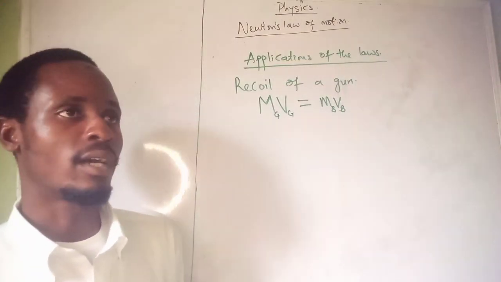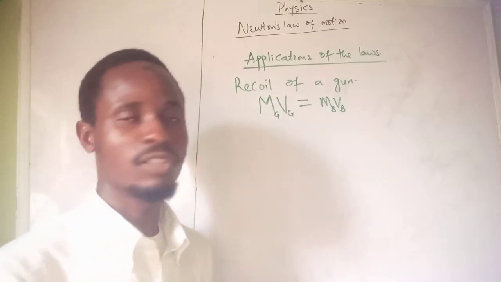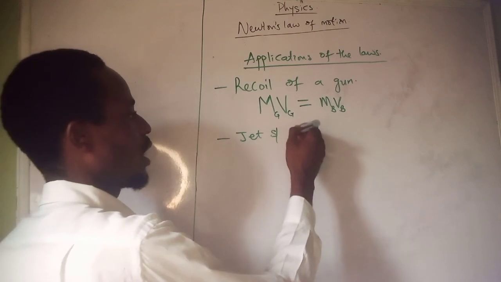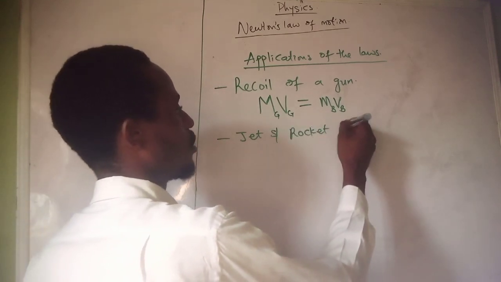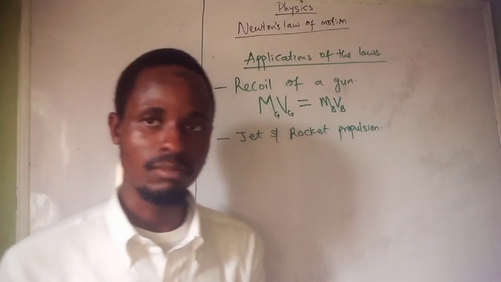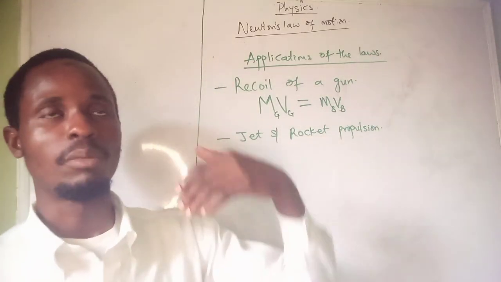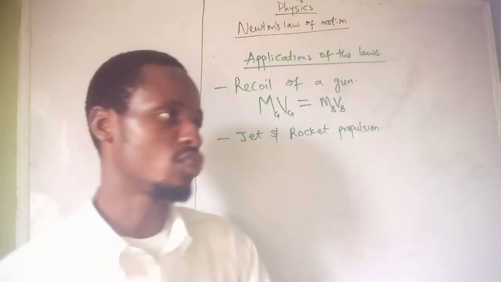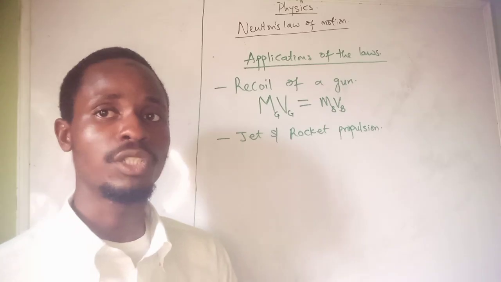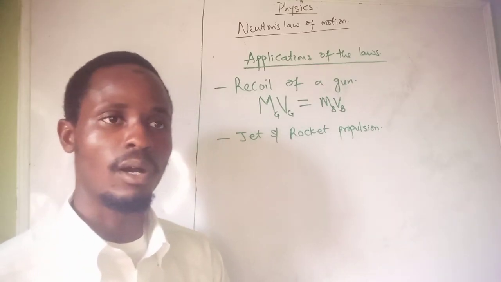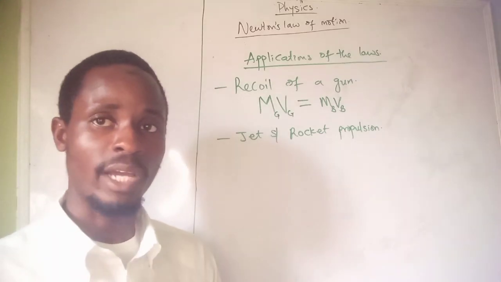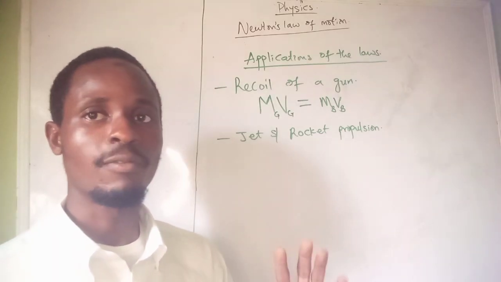Then we also have other applications like jet and rocket propulsion. Now, when you are getting rockets to move out into space, it makes use of fuel, and this fuel supplies a certain amount of energy per second to the rocket. So this fuel and the energy supplied is giving the rocket the force to move out.